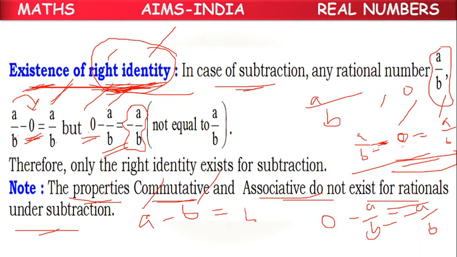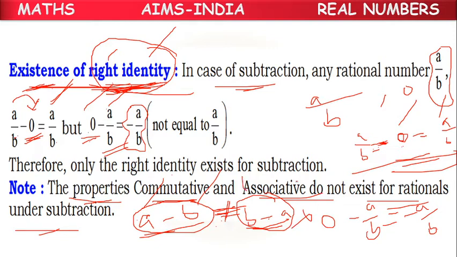If a minus b equals b minus a, means we can subtract in any order, then we can tell that they obey the commutative property. But in subtraction, these values may be equal, may not be equal. We cannot tell, but they are not equal in general. So the commutative property is not applicable in subtraction.